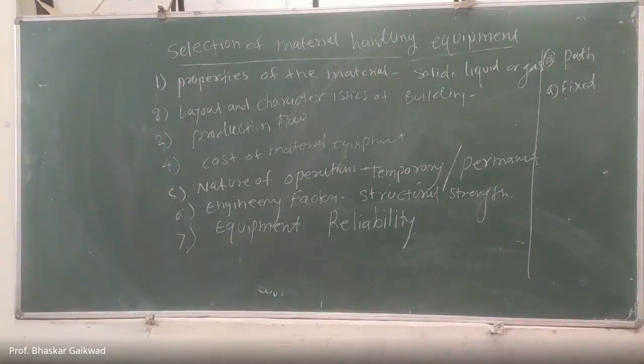So whenever a fixed path is there, you can select these. And if the path is not fixed, then you can use other equipment like robots, mobile cranes. Then you can use forklifts, trucks, tractors, containers. These are flexible machinery we can use for material handling.